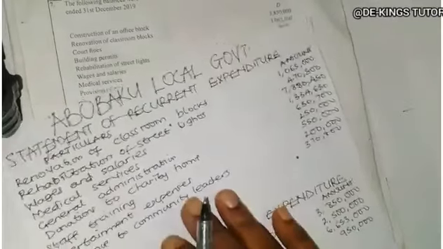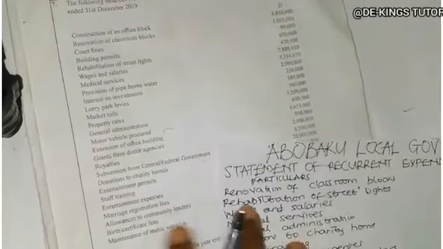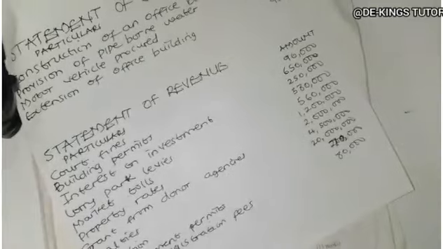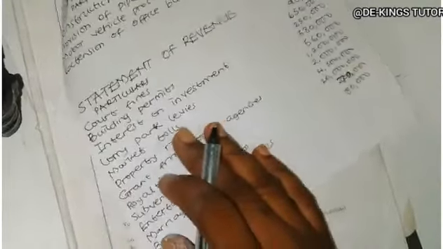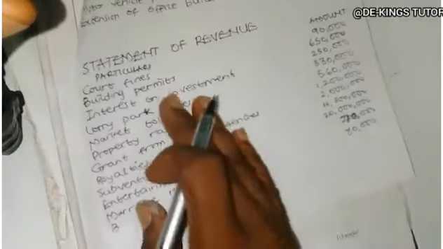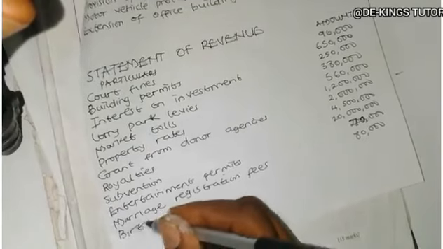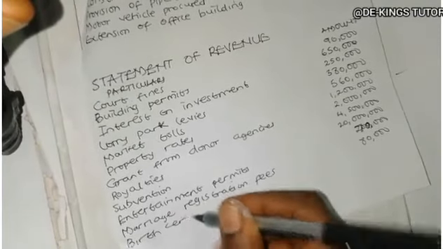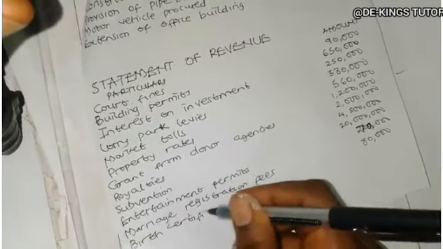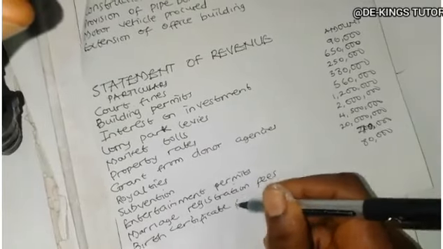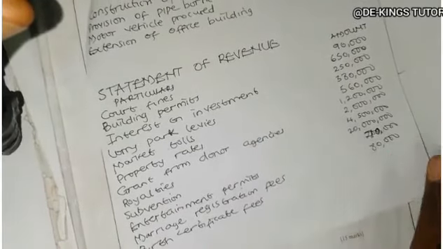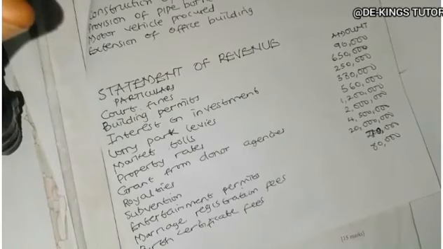The next one, birth certificate fees, is an income to them, 160,000.